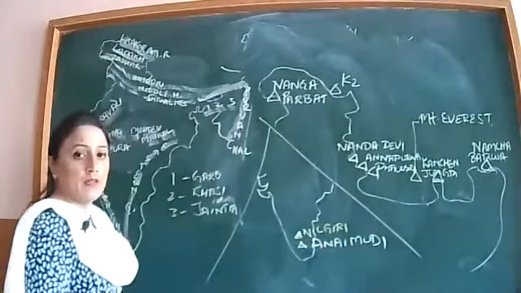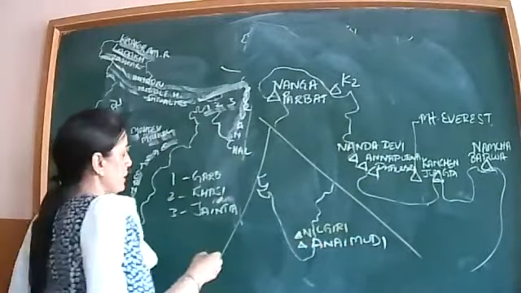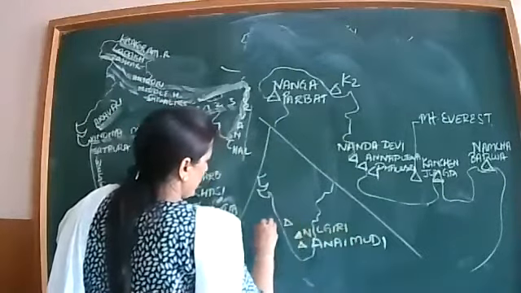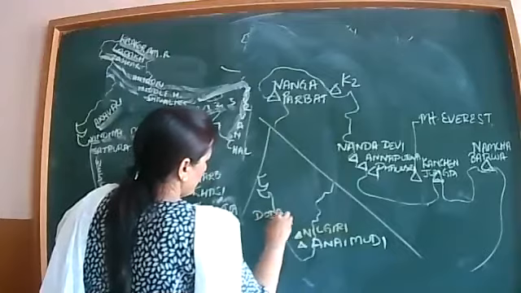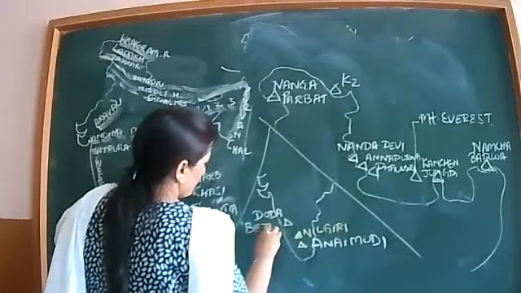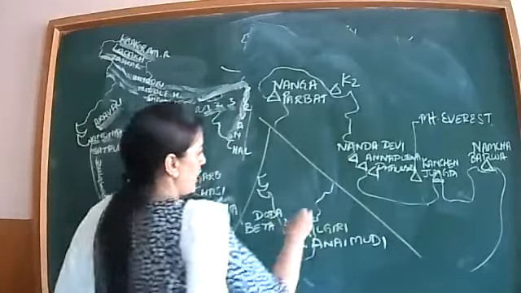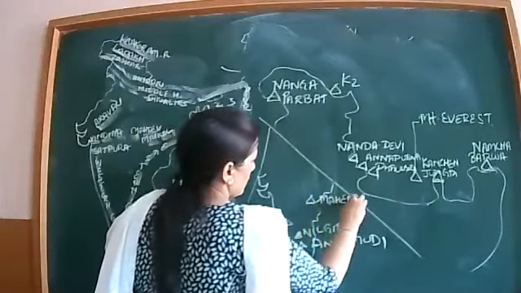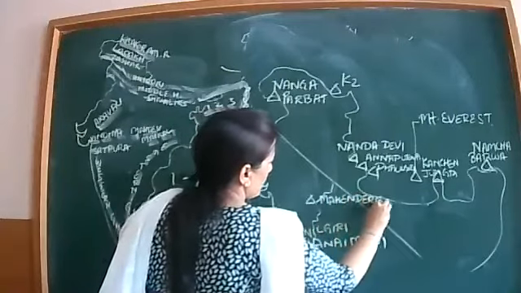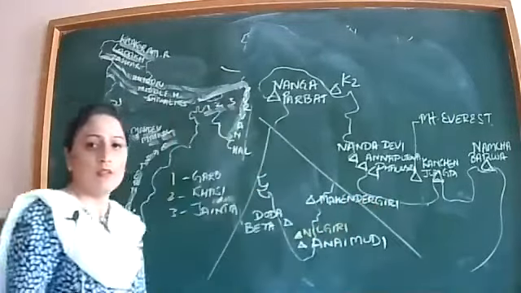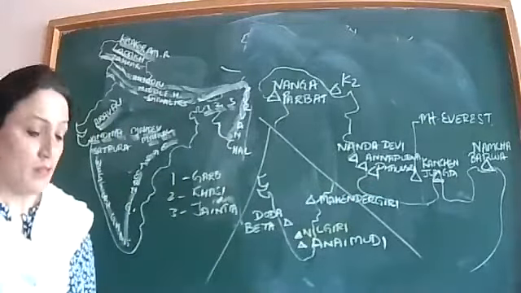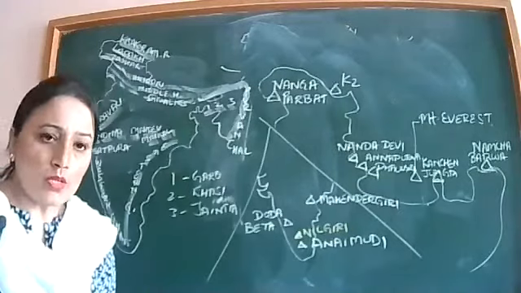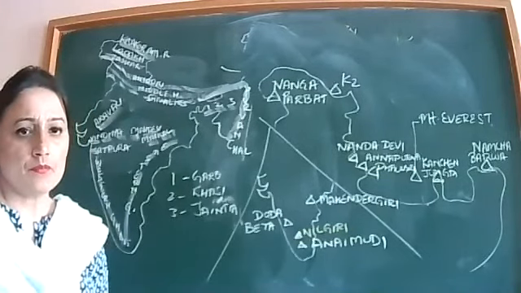In the Western Ghats, the highest mountain peak is Doda Betta. And in the extreme Eastern Ghats, we have Mahendragiri, the highest mountain peak of the Eastern Ghats.